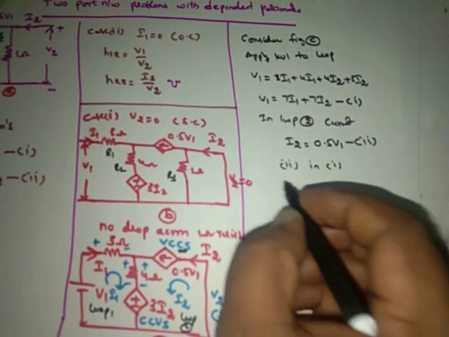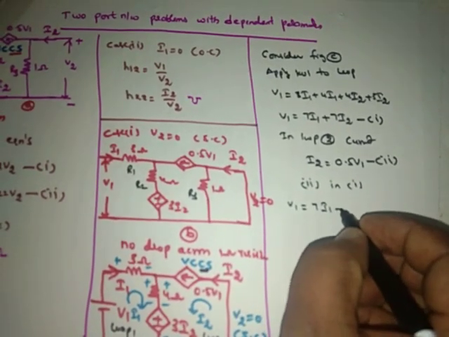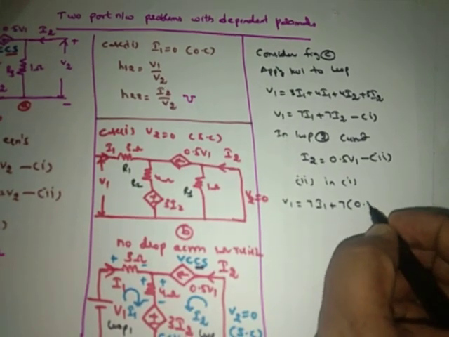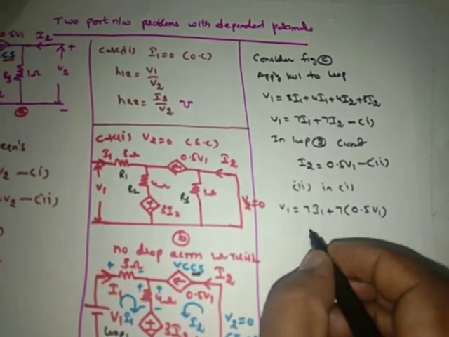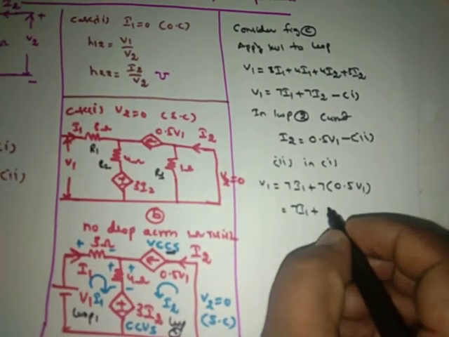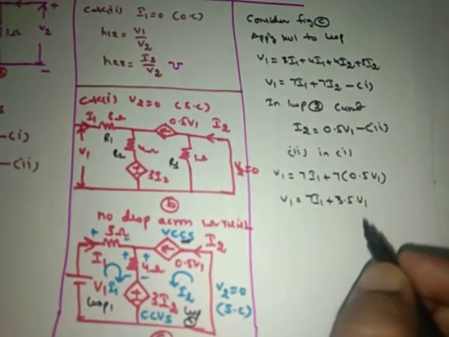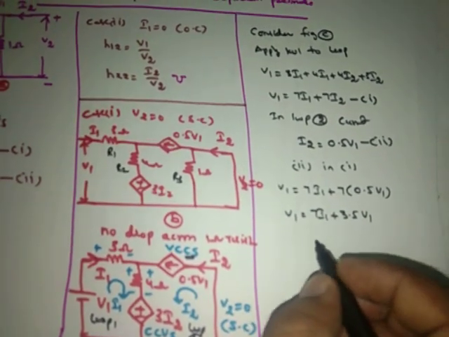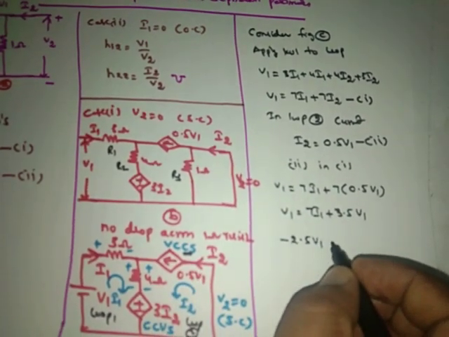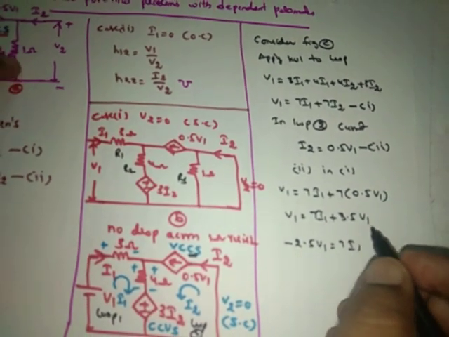Now V1 is equal to 7I1 plus 7I2, and I2 is equal to 0.5 V1. Simplify this: 7I1 plus 3.5 V1. Taking this to the other side, V1 minus 3.5 V1, that is minus 2.5 V1, is equal to 7I1.